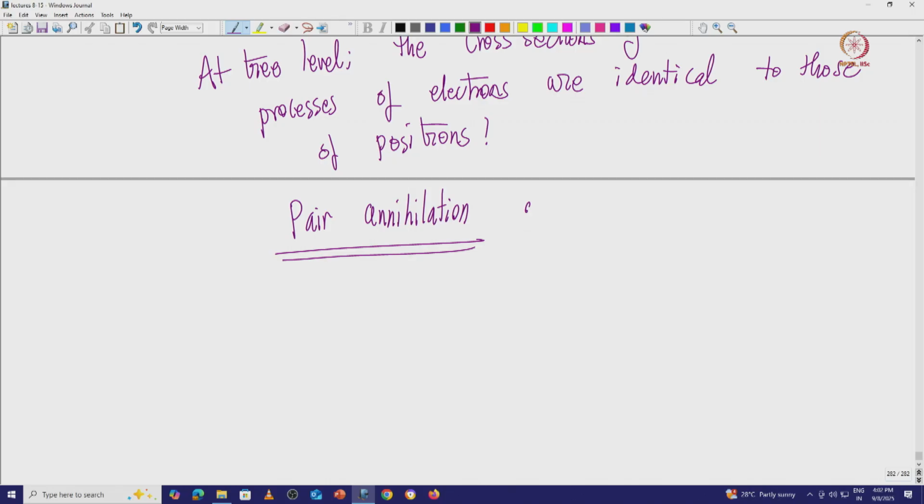Now I asked a quiz: why do you need two photons in the final state? Why can you not have just a single photon?